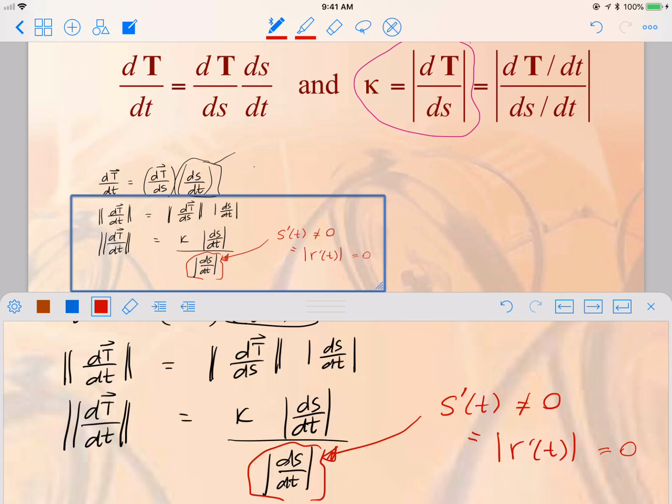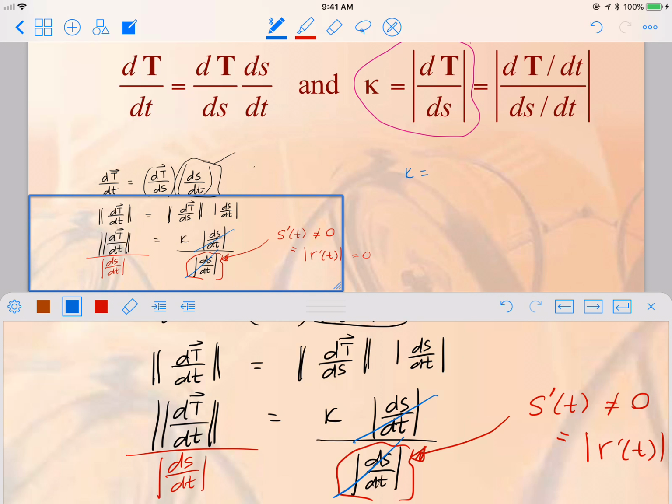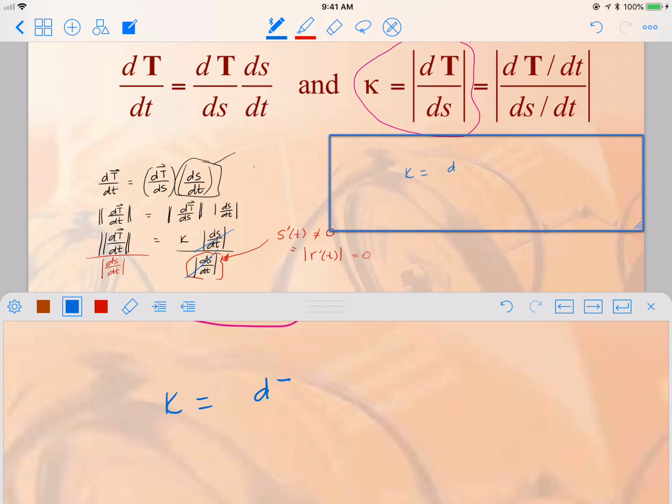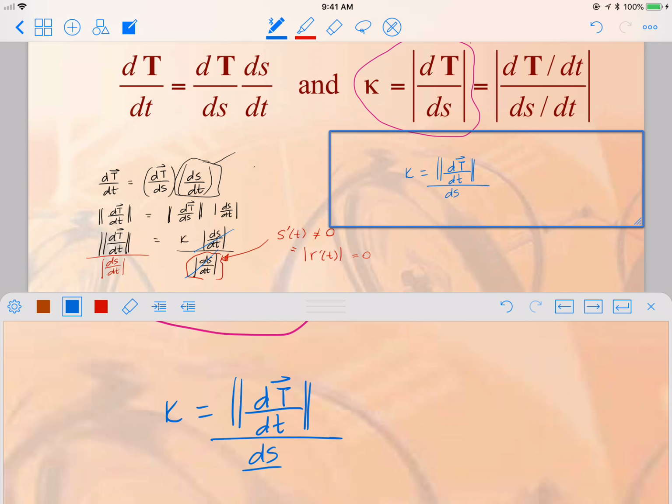So we're going to divide both sides by the absolute value of ds/dt. And that gives us that kappa is, because you see kappa is by itself now, the magnitude of dT/dt divided by the absolute value of ds/dt.